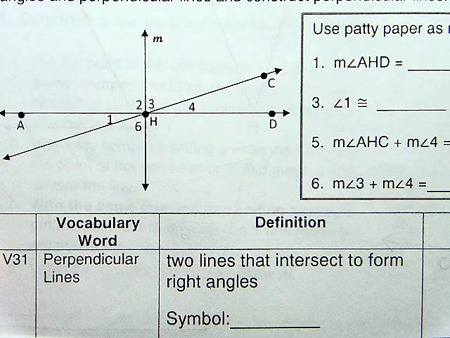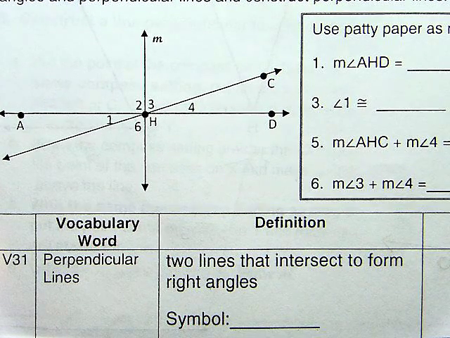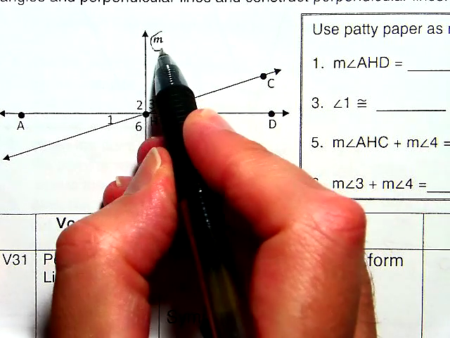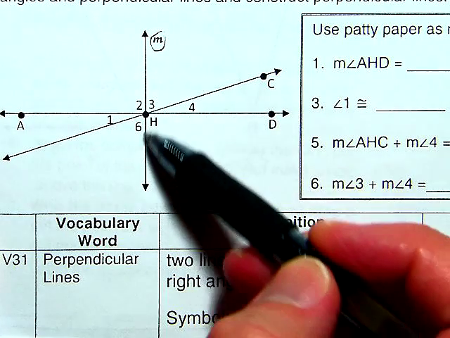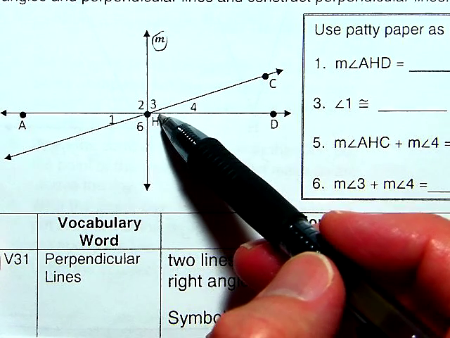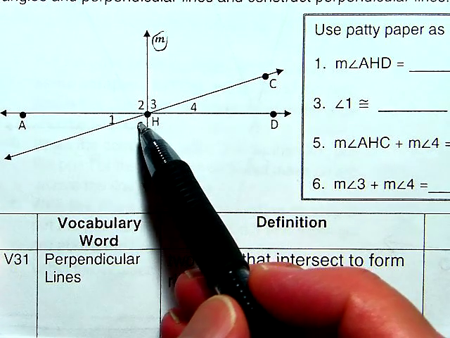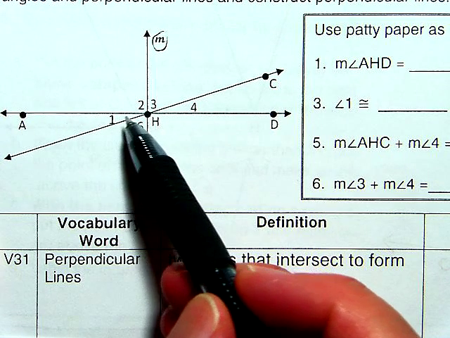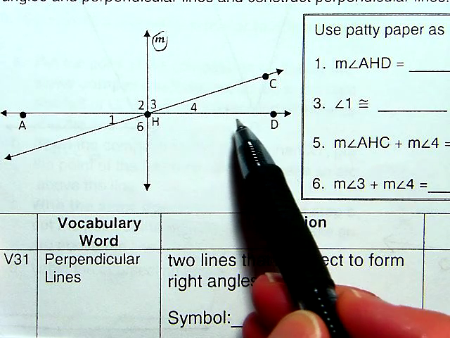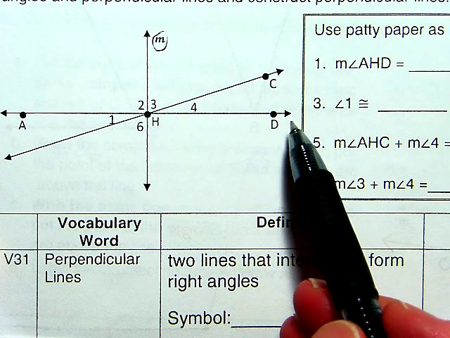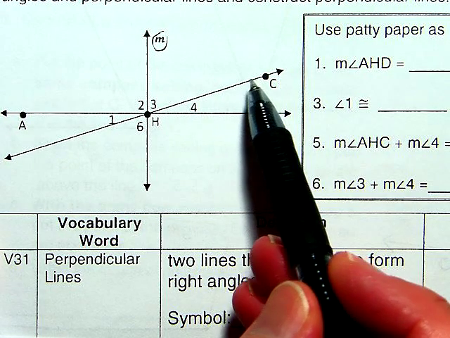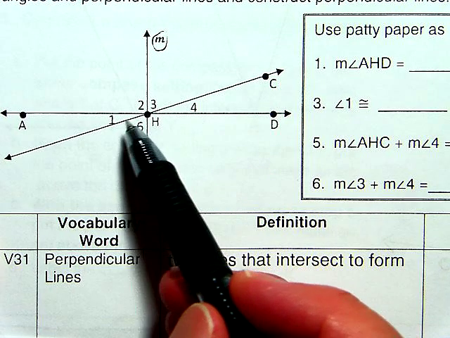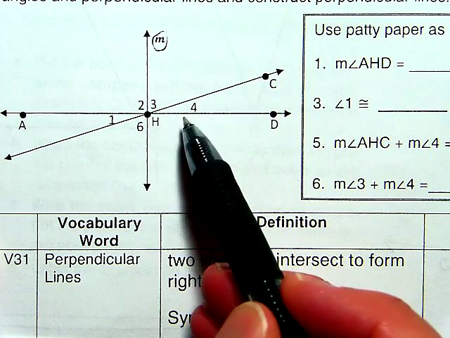We've got a line called M, which is a vertical line, denoted by the script letter M. That's the line going up and down, going through H. And then we've got a line that is at right angles to it, which is a horizontal line, AH or AD. It's this line that I'm tracing with my pen. It goes all the way from the left to the right. And then there's yet another line, HC, that intersects the other two lines at H.